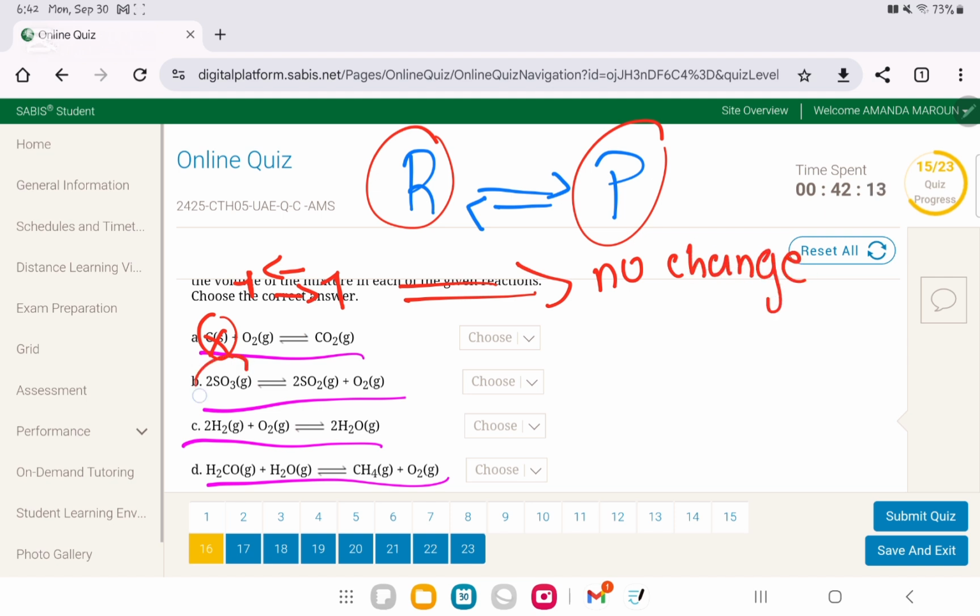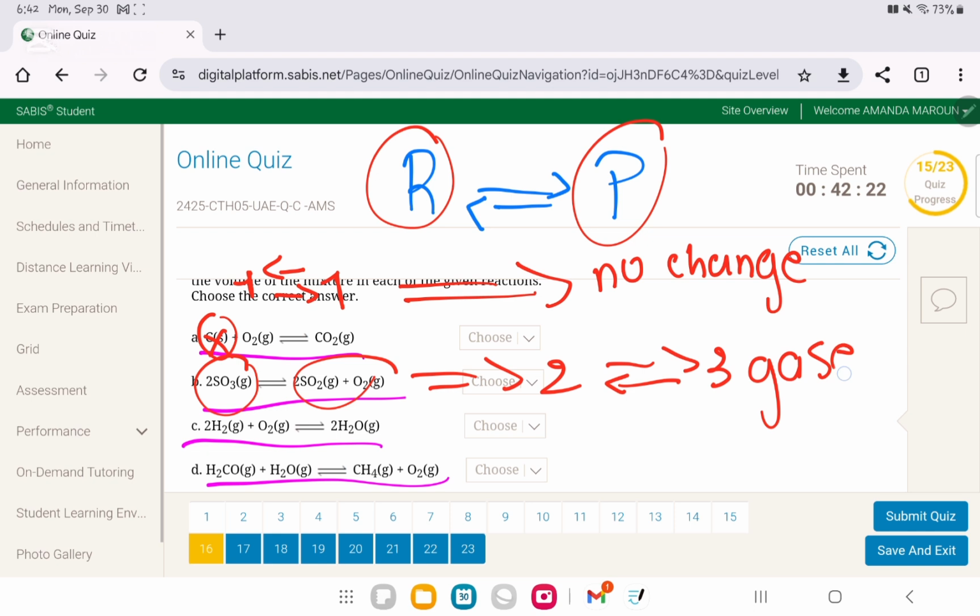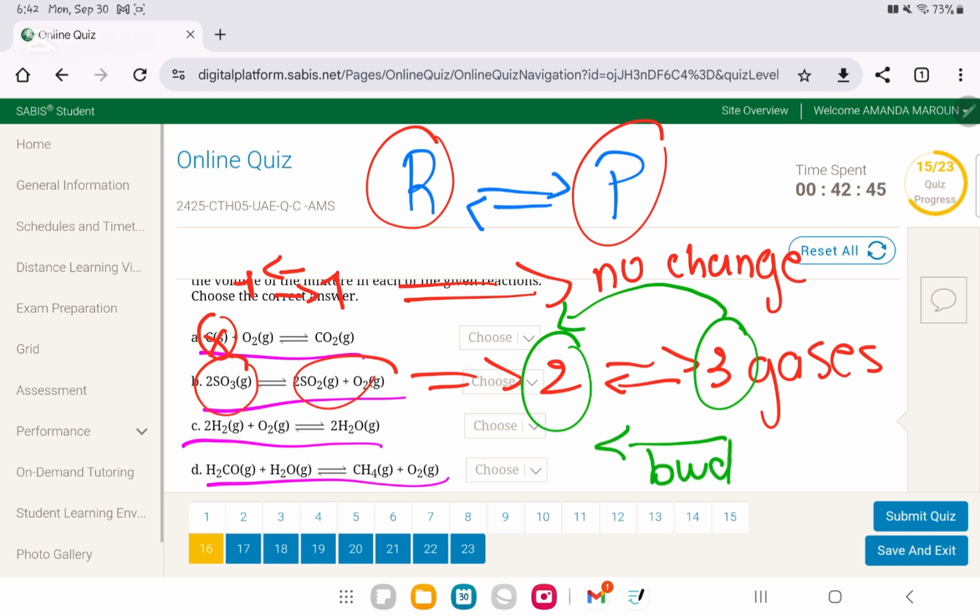Now, here we have 2 gases and then 3 gases. If we have 2 gases and 3 gases, definitely if we put pressure, then the 3 gases will move to the 2 gases. So moving from the products to the reactants, this is what? A backward reaction.